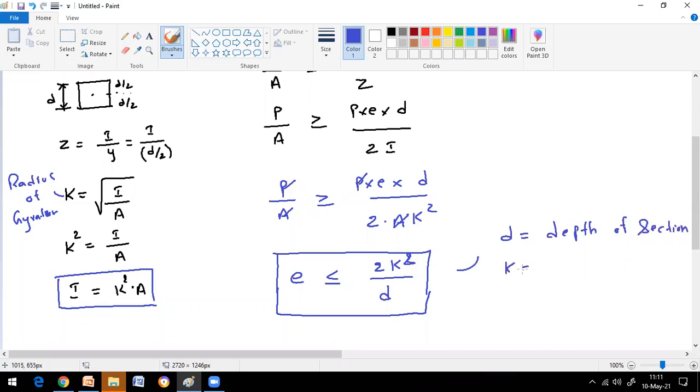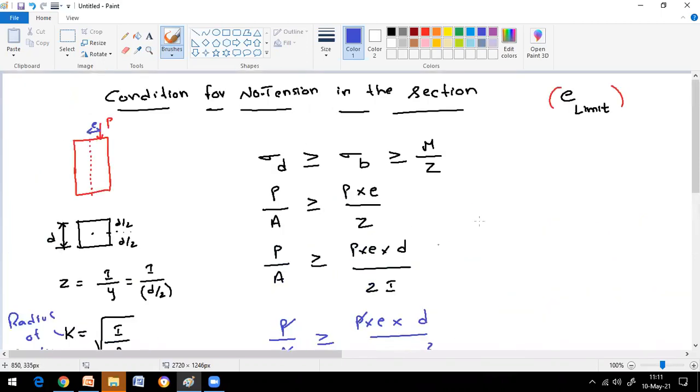What is k here? The radius of gyration. From this relation, what you understood is that for any section to have no tension, the eccentricity must be within the limit. When the eccentricity is within the limit, there is no tension.